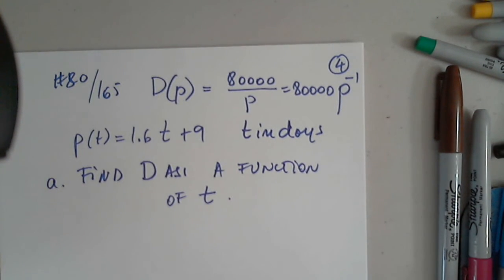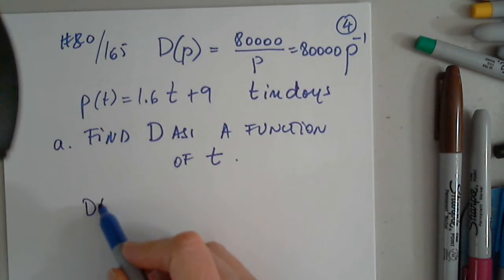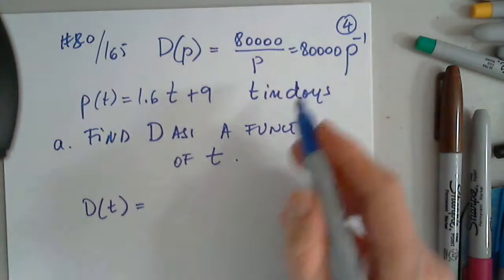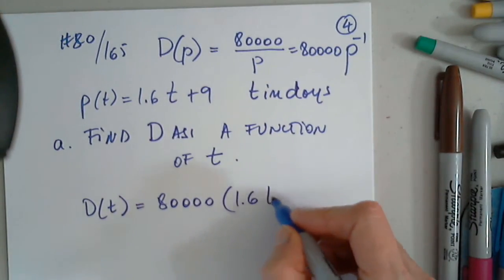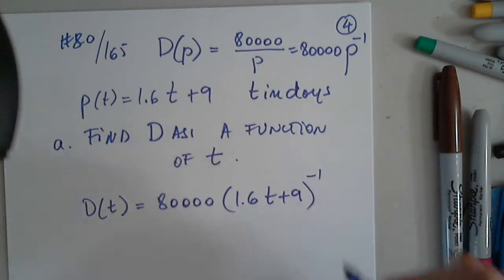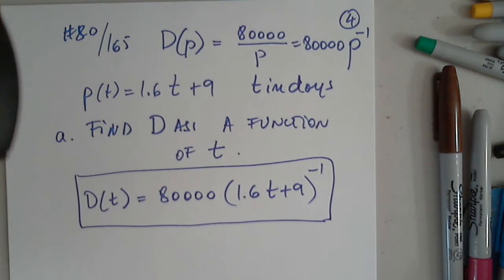Anyone? You plug in for P? Of course, yes. So I will say this time that this is D of T, and I have 80,000 times, in parentheses, 1.6T plus 9 raised to negative 1. This is the demand function of time.